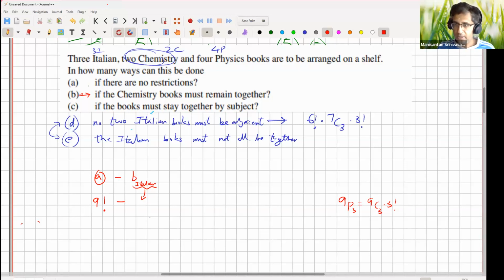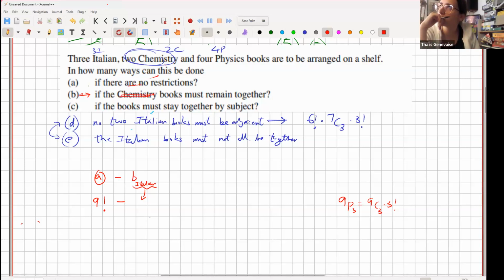You put the chemistry books in a box so they're together. 7 factorial. Okay, now you're doing the Italian directly, we can do the Italian. In fact, 6. I'll just change this.